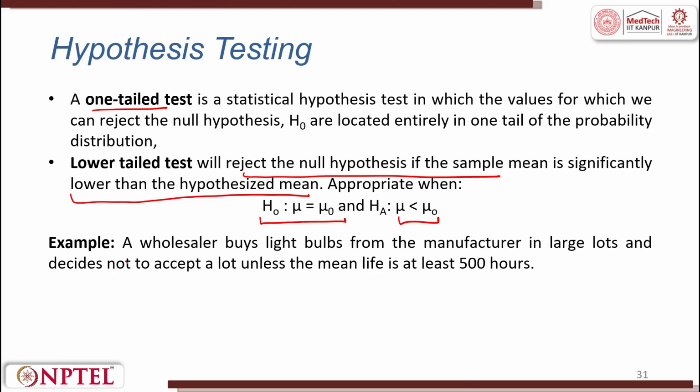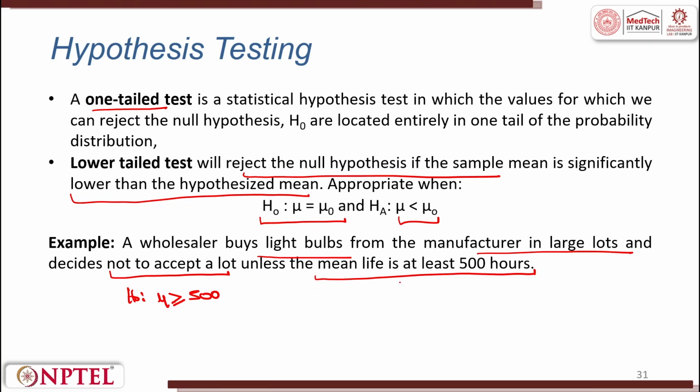For example, a wholesaler buys light bulbs from the manufacturer in large lots and decides not to accept a lot unless the mean life is at least 500 hours. When I say at least 500 hours, it looks like we are talking about the upper tail, but this is a lower tail test where we can design the null hypothesis as H naught where mu is greater than equal to 500.